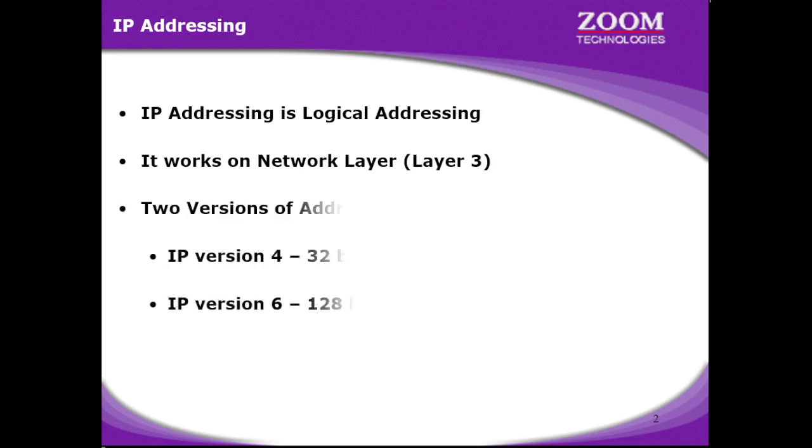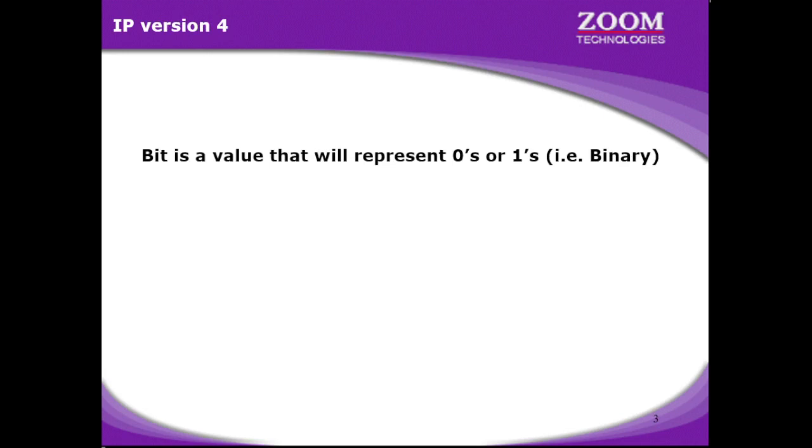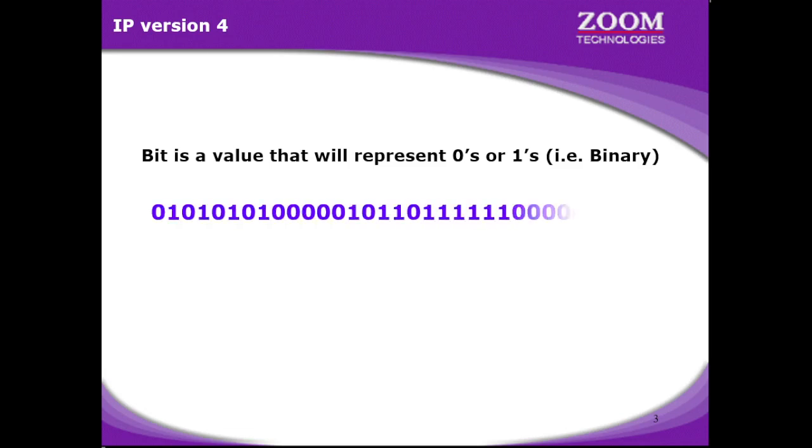Meron tayong dalawang version ng addressing scheme, no? One is the IPv4 or IP version 4, which is 32-bit addressing, and then IPv6 or IP version 6, which is 128-bit addressing. So, when we say bit, this is the value that will represent zeros and ones or what we call the binary.